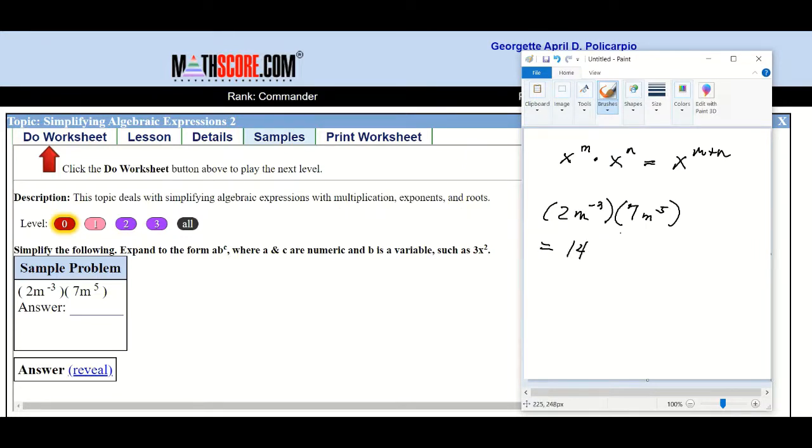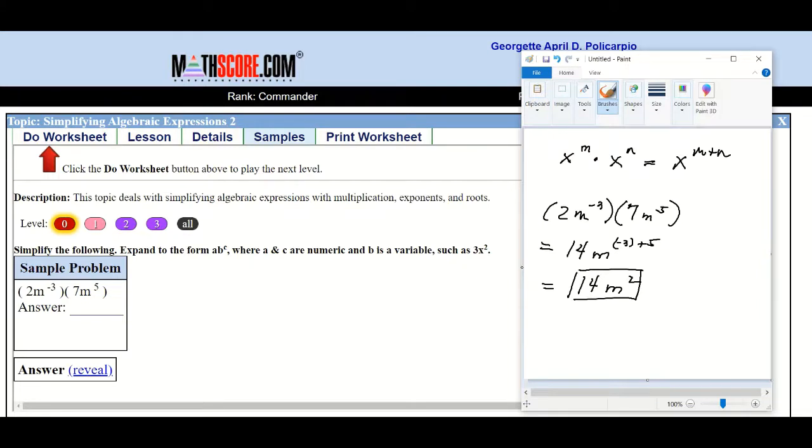This is 14. Then, copy the same base, m. Then, since same bases sila, we add the exponents, negative 3 and 5. So, negative 3 plus 5. Therefore, our answer will be 14m to the second power.